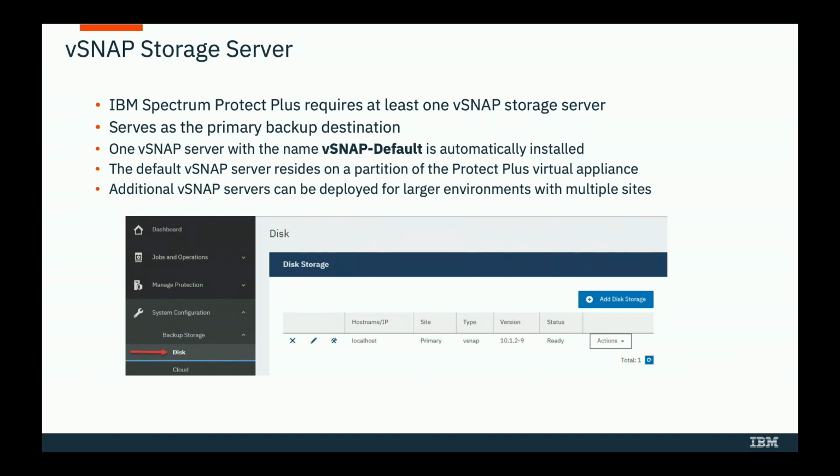So that's a VMDK file, it's an MDF file, whatever the native format is for that application. And then once all the data is written, we take a snapshot on the target system, and that becomes our recovery point. And that recovery point is registered. That's the information that's registered up into the Spectrum Protect Plus server, the information about where that data is.